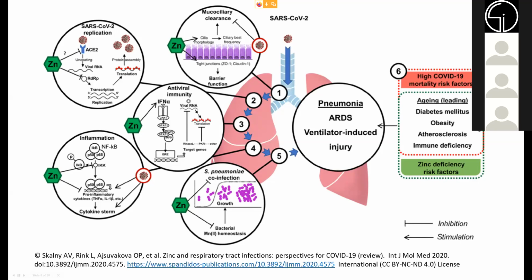It has an effect on the interferons, stimulating the antiviral immunity. It reduces the inflammation, and there are also studies showing a direct effect against Streptococcus pneumoniae, a bacterial infection that often causes co-infection in viral respiratory infections.